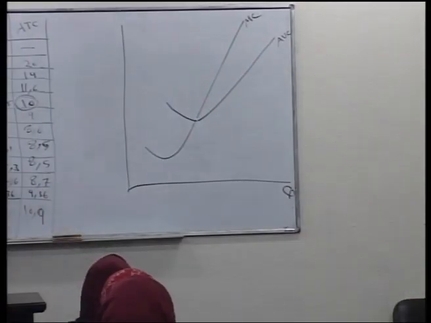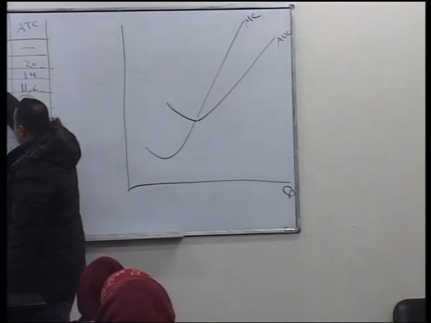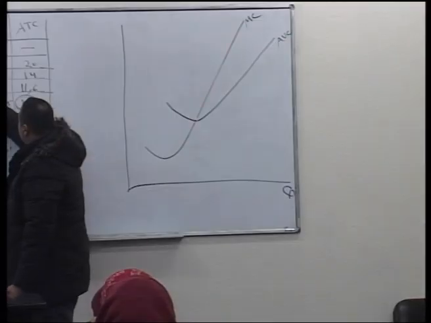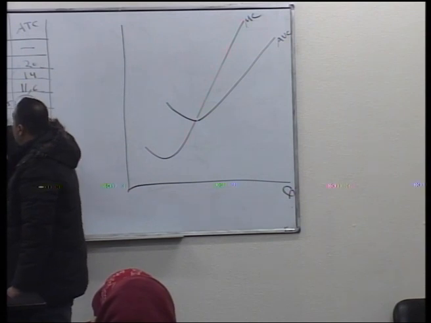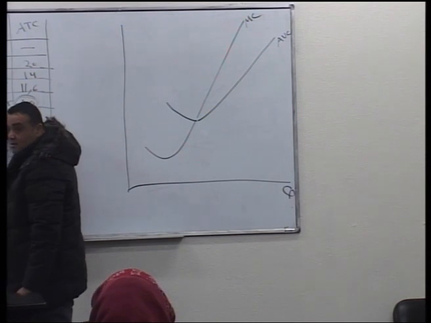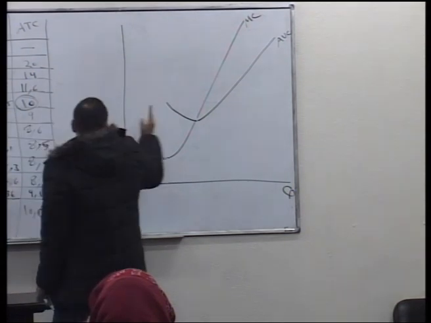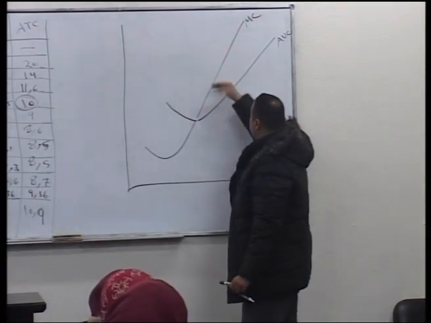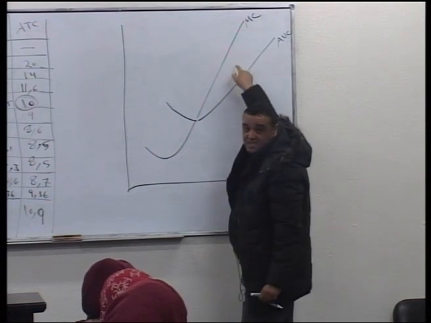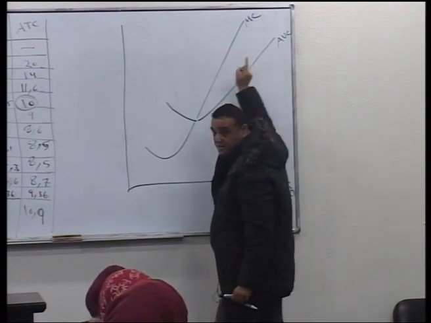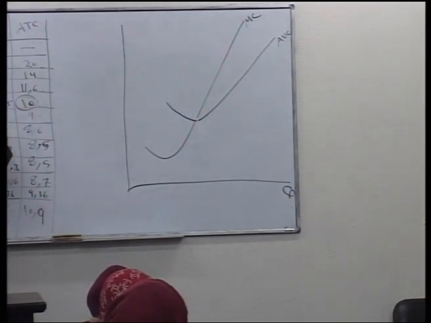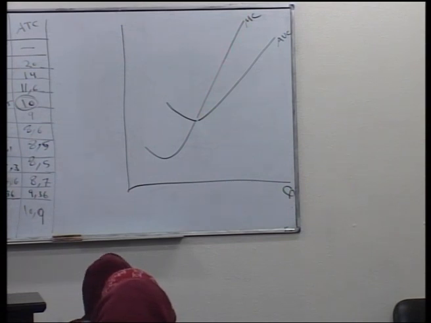On the right side, MC is bigger than AVC, so AVC is increasing. When AVC is less than MC, AVC is increasing.